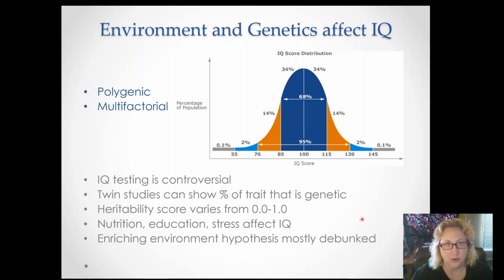Another multifactorial trait that I mentioned before was IQ. And IQ is probably one of the most heavily studied traits in psychology. So we have a lot of data on the effects of genetics versus environment on IQ. Although IQ testing is controversial and it's very difficult to design a test that doesn't have some sort of bias.